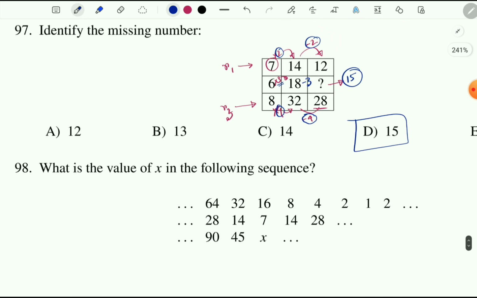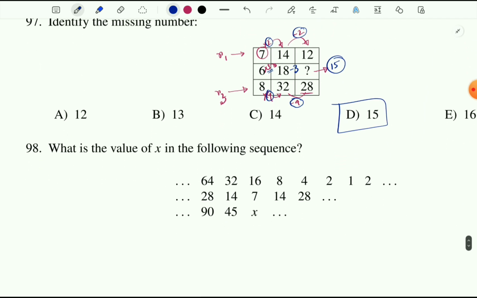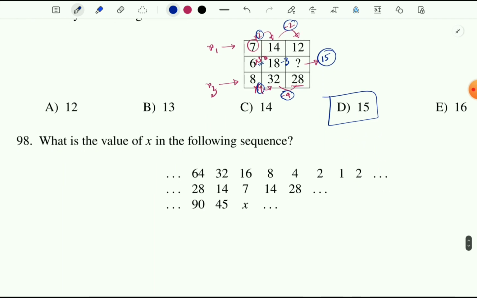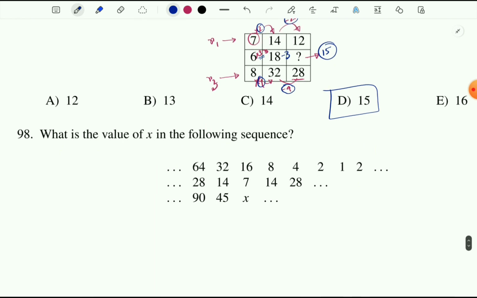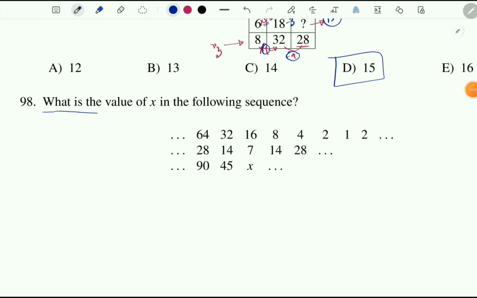Okay. Initially we aimed to solve only 2 problems. I think we can also solve problem number 98. This is also similar. Let's start. The problem statement: what is the value of x in the following sequence? So here we can see 3 rows.